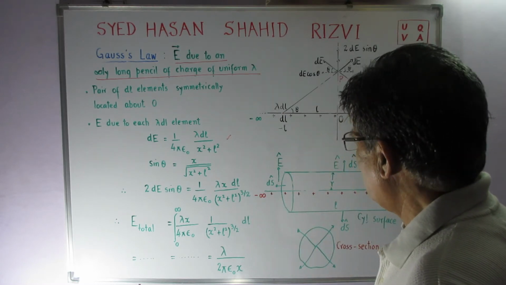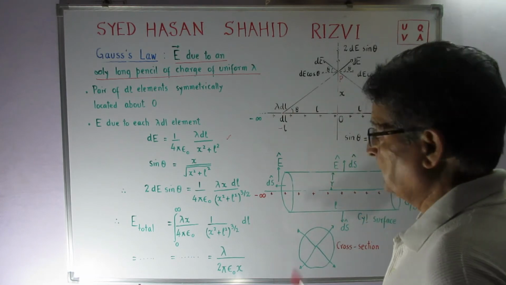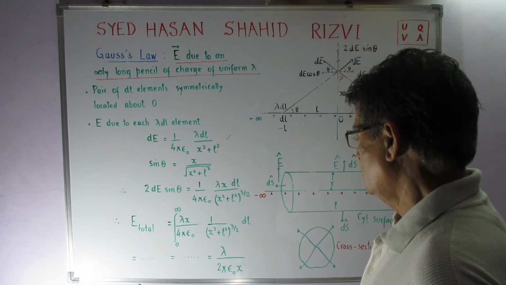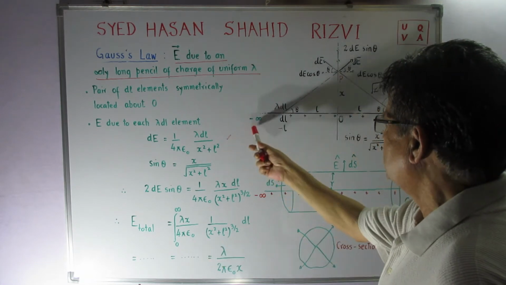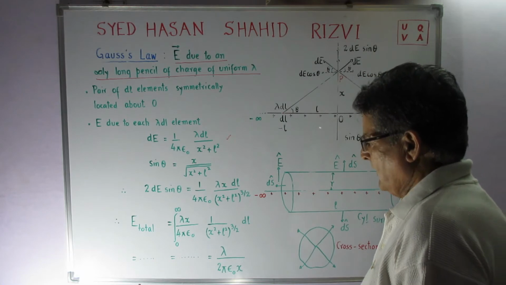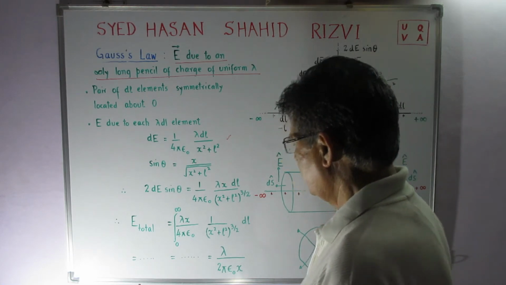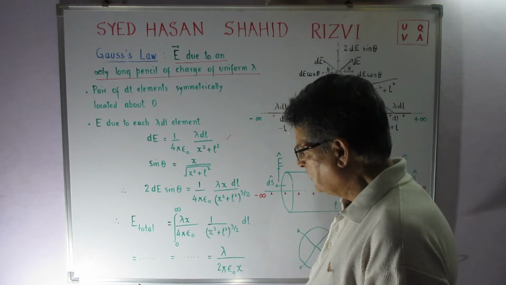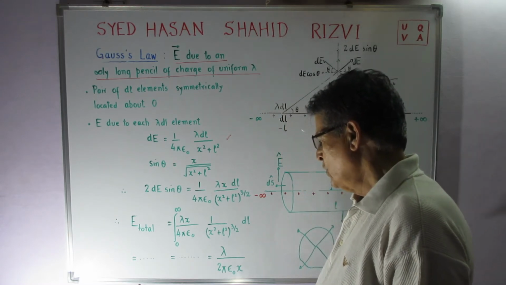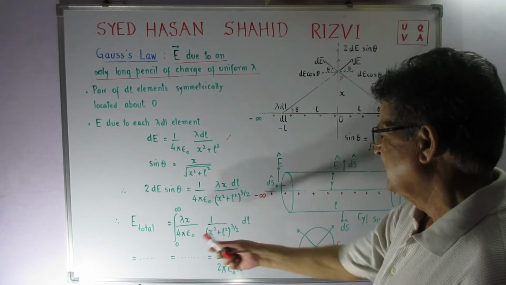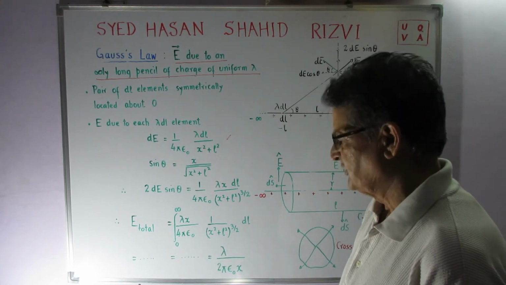Because we have taken a pair of elements, if we had taken only a single element, it would be from minus infinity to plus infinity. Anyway, this is a bit complex and complicated, particularly for students who do not have a mathematics background.